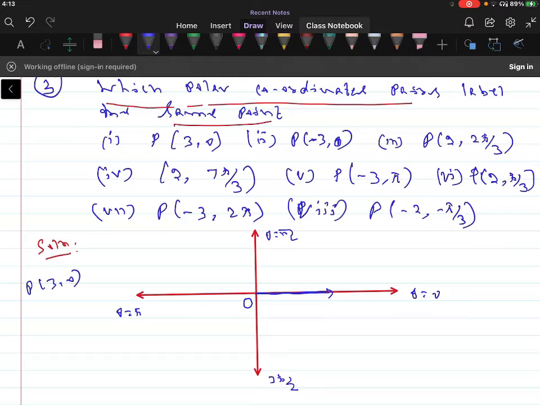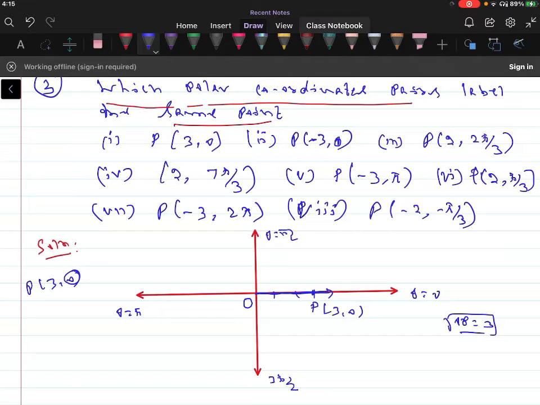Draw the ray. It makes an angle 0 with the initial line, so the ray is the initial line itself, theta equal to 0, and plot the point with r equal to 3, 3 units from the origin. Take 3 units, so length OP is 3 units.